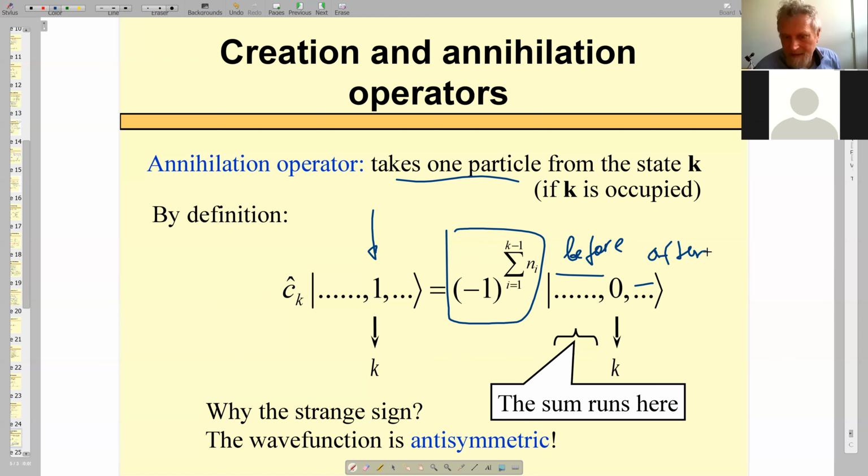That makes this operator unphysical. And I wonder if somebody can tell me why.